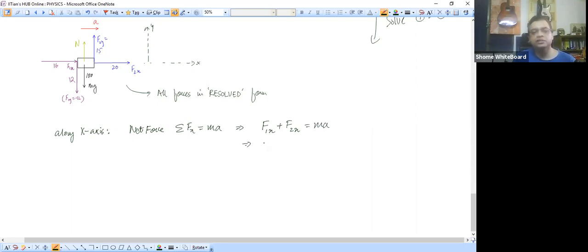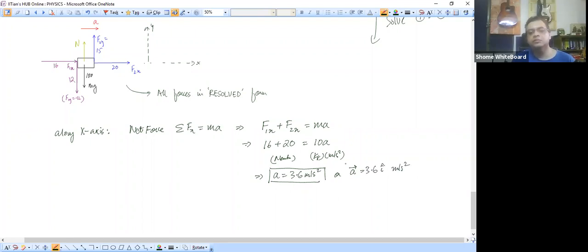So magnitude wise, these are 16 and 20, and that should be equal to 10a, where these are in newtons and this side is in kilogram. So the acceleration will come out in meters per second square. As you can see, the acceleration will come out to be 3.6 meters per second square. Or if we write the acceleration in vector form, we will write it as 3.6 i cap meters per second square. Yes, very good. That's correct, beta.